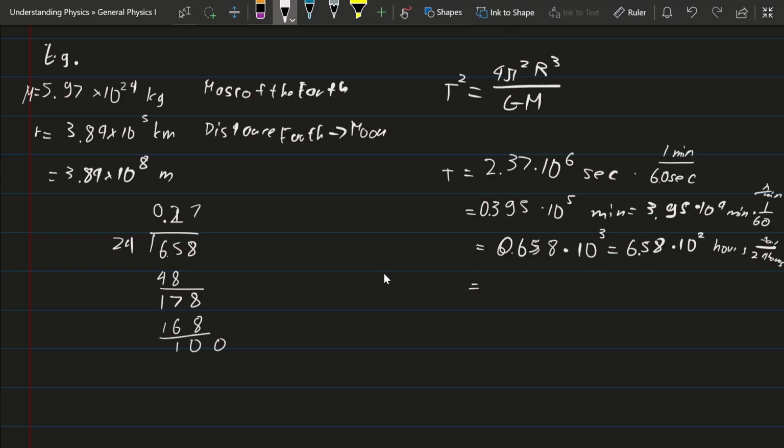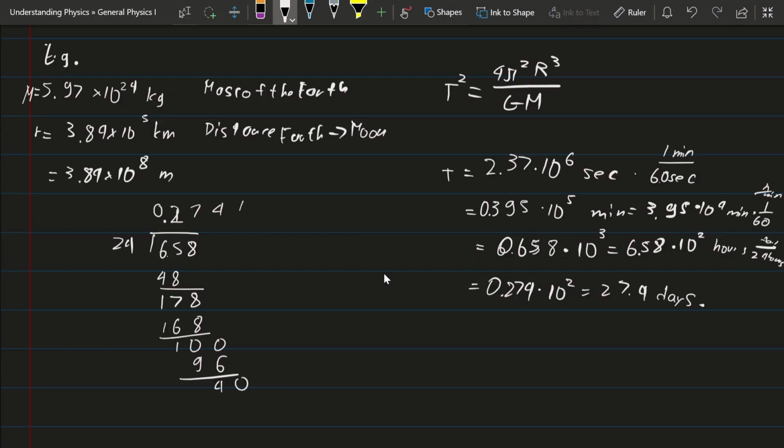So this will be 0.274 times 10 squared, which is 27.4 days.